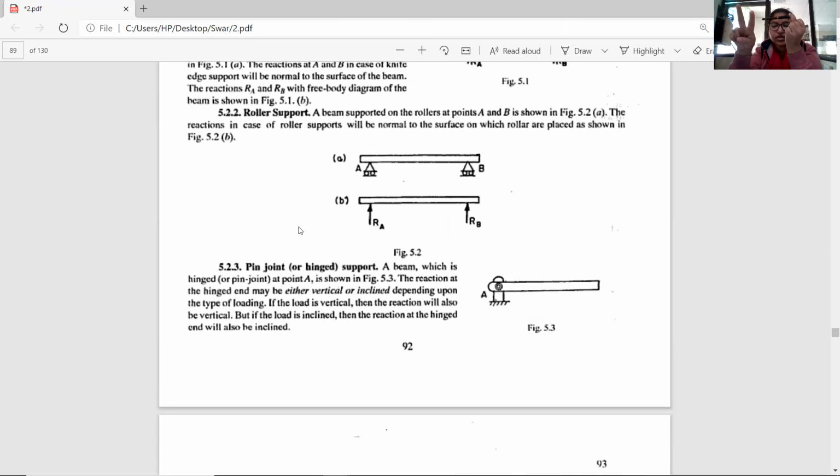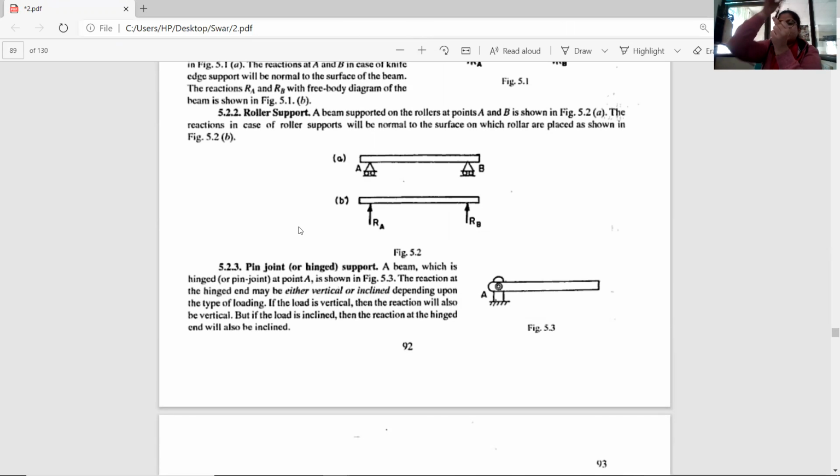So there are two support reactions: the first one is horizontal and the second one is vertical, because this body cannot move in the vertical direction because it's pinned here, and it cannot move in the horizontal direction.